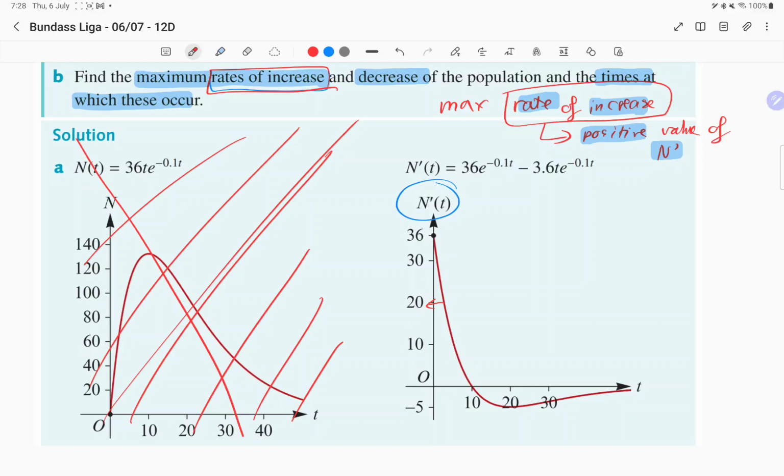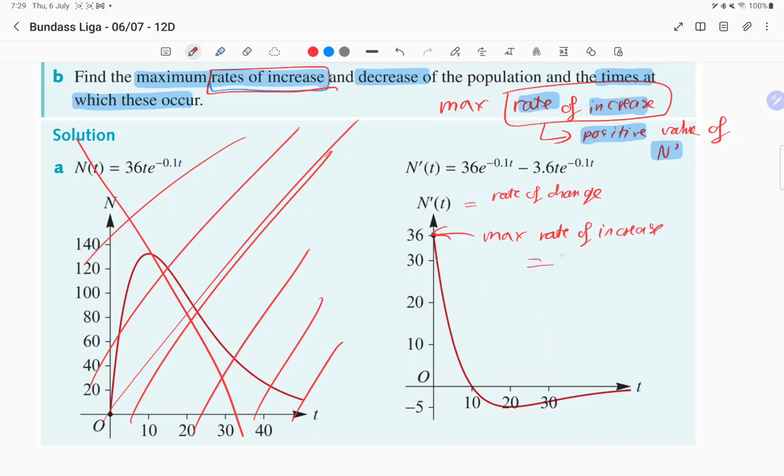It's the rate, it's not the number of bacteria, it's the rate of change of the bacteria. Remember, derivative is rate of change. This is the graph of the rate of change with respect to time. So the maximum rate of increase is actually just the highest positive value of n dash, which is 36. So this is the max rate of increase.